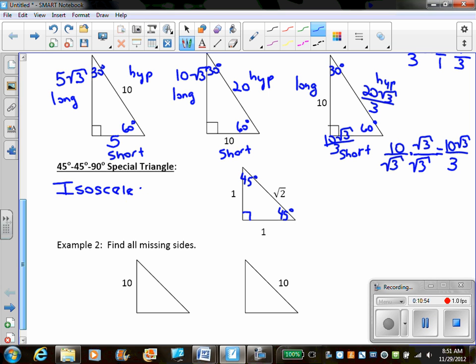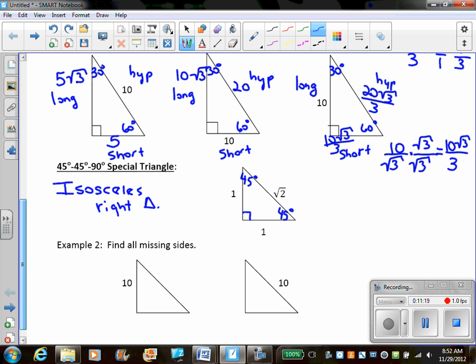So if it says you have an isosceles right triangle, that means you have a special triangle. So they will have to tell you whether it's a 45, 45, 90, or an isosceles right triangle. Just like the other special triangle, they will have to tell you if it's a 30, 60, 90. So the book or whatnot will tell you that information so you can use this pattern.